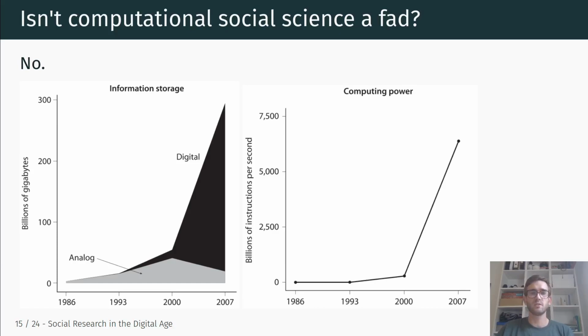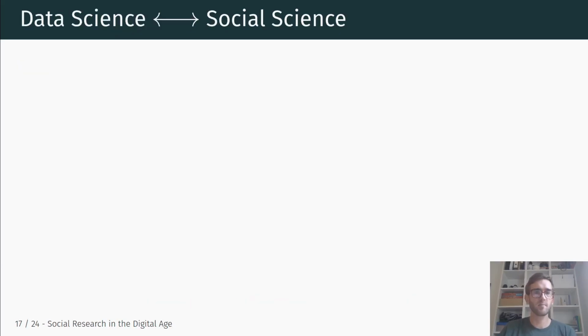And so social science has to adapt to these changing environments, and therefore computational social science is not just a fad. It's the discipline adapting to a structurally changed environment.